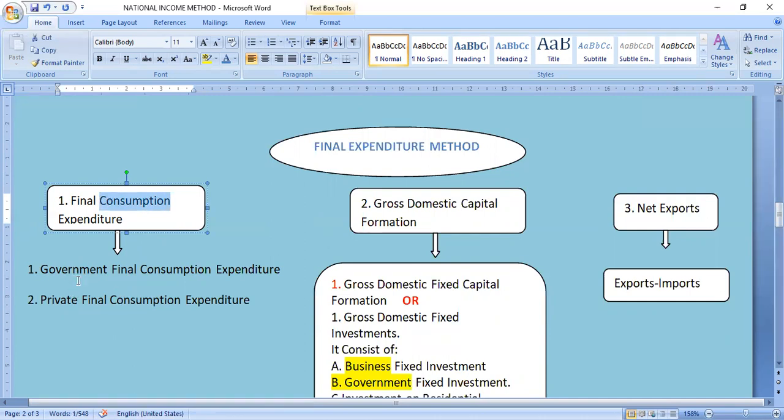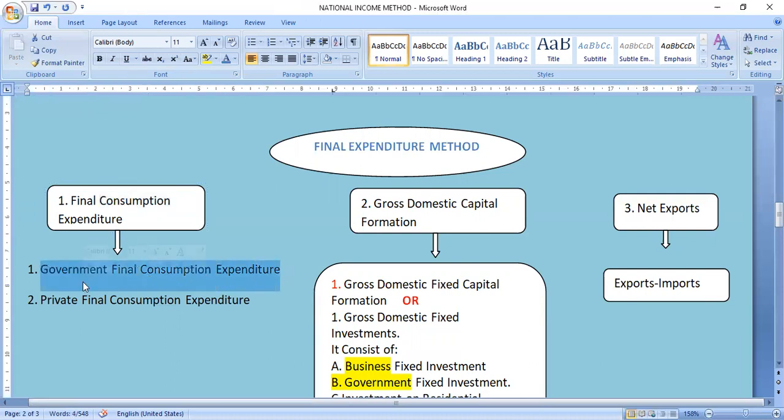Let's see the government final consumption expenditure. Which type of expenditure will you include here? Government final consumption expenditure refers to the expenditure by the government, like the purchase of goods for consumption by defense personnel, for department personnel.